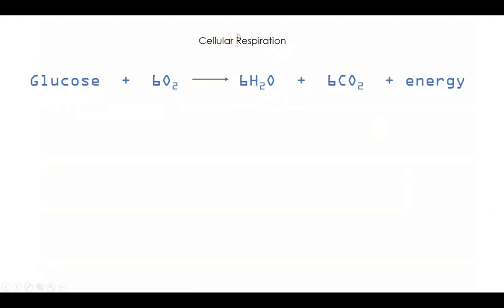Our main cellular respiration reaction, if we remember, is very similar to a combustion reaction. We have glucose, our 6-carbon molecule, and we add oxygen and get water, carbon dioxide, and energy.